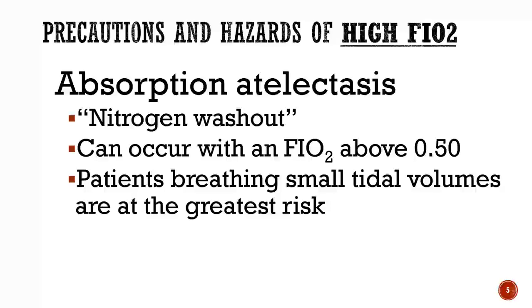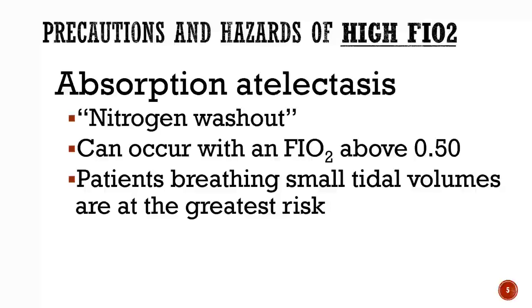Well, the nitrogen is essentially an inert gas that hangs out in your alveoli. It doesn't diffuse, it just kind of stents them open. So when you bring in a high FiO2 that does not have that large percentage of nitrogen, it's all oxygen. What it does is it washes out that nitrogen. When you don't have that nitrogen left over, you don't have that inert gas kind of stenting open the alveoli.